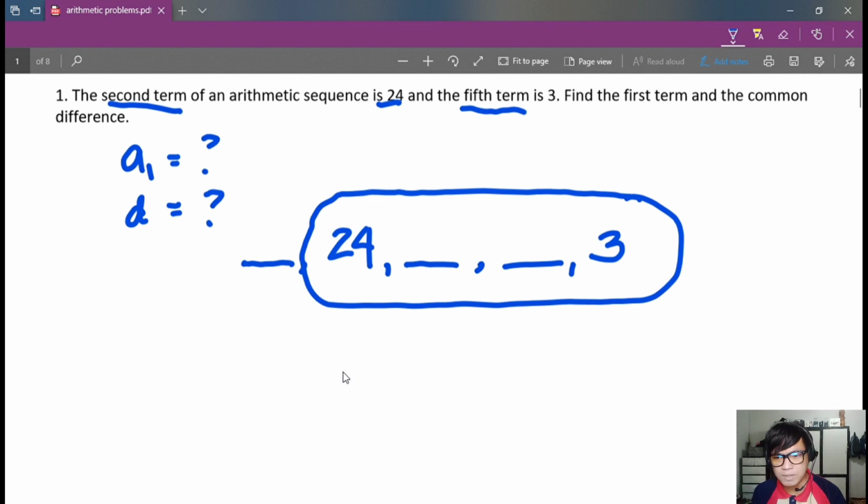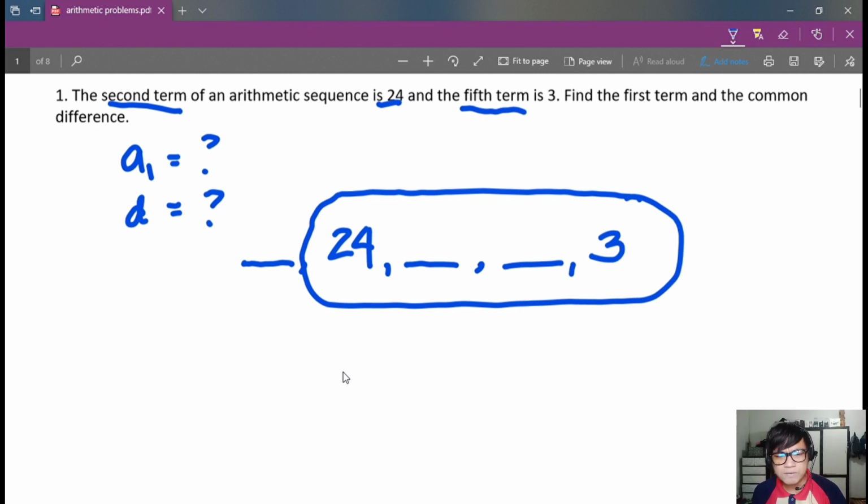Instead, we will use 24 and 3 kasi ito lang yung may information tayo na nakuha. So, hahanapin natin ang common difference. Kasi meron tayong first term, meron tayong last term. Magiging first term na itong 24 dito kasi we disregard the a sub 1. Ito na muna for the meantime yung first term natin.